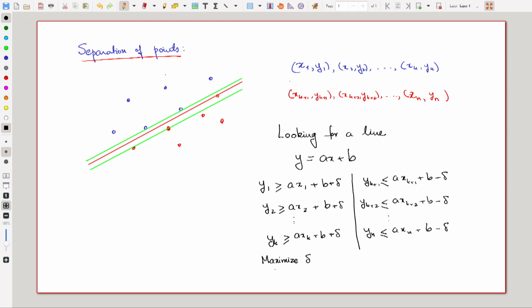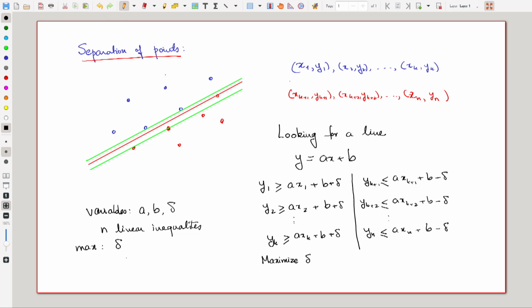So, this is an example of a linear programming problem. You have inequalities which are linear in the variables, in this case the variables are a, b, and actually delta also. So, variables are a, b, delta, and we have n linear inequalities, and we want to maximize delta, which is called the objective function.